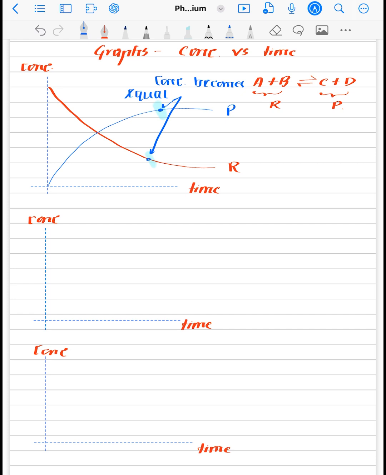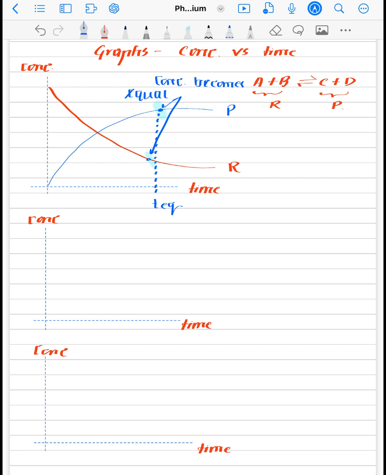Fine. So, this point at which one can observe the same trend, this particular time, is considered as the time of the equilibrium, that is TEQ. So, at this particular point, the concentrations are becoming constant. This is the first nature of a graph to say that yes, the things are in equilibrium.